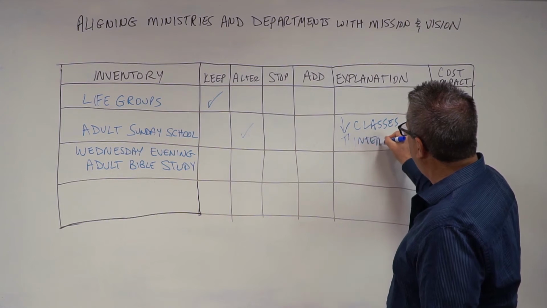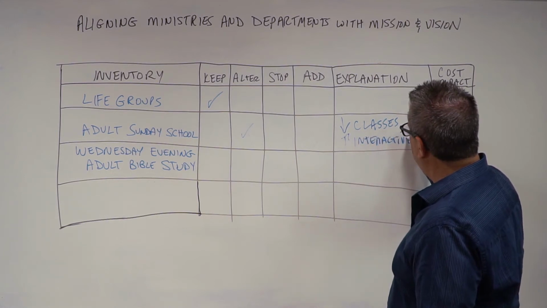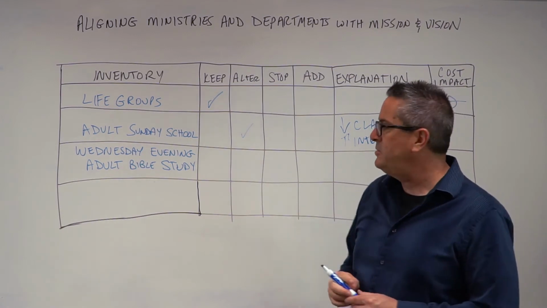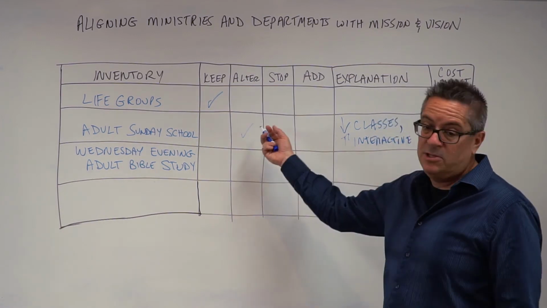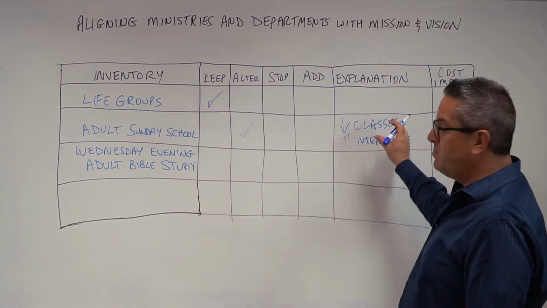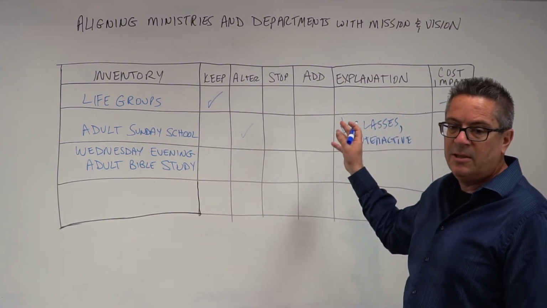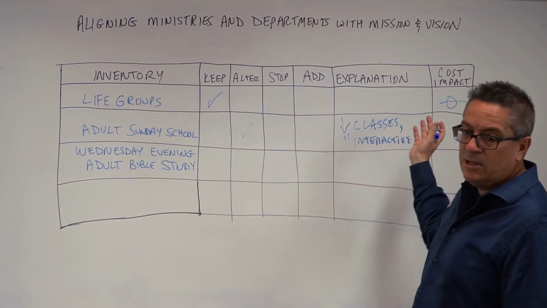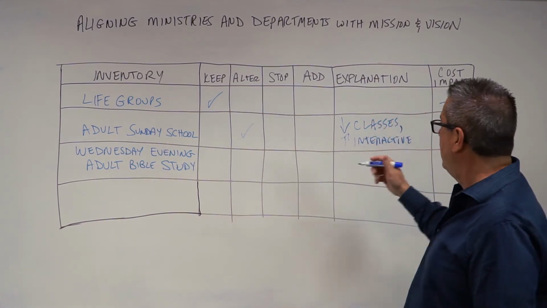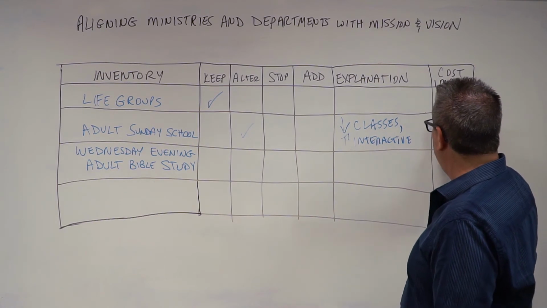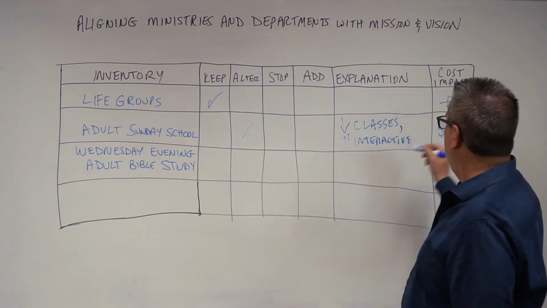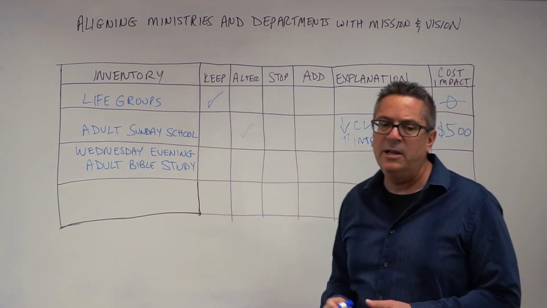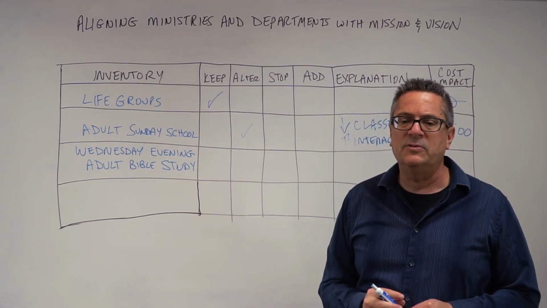So they're under conviction that the lecture-based Sunday school that they've been doing needs to change. And so they list out the need to change, and then some of the explanation or reasons that they wish to change. And then as they think about this, they realize it's going to cost a little bit to train people on this, and so they would put a cost impact, and this is just an example of, let's say, $500 for additional training. Maybe there's a conference, etc.